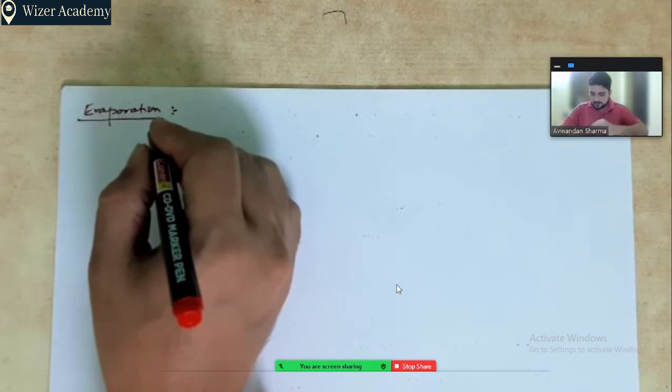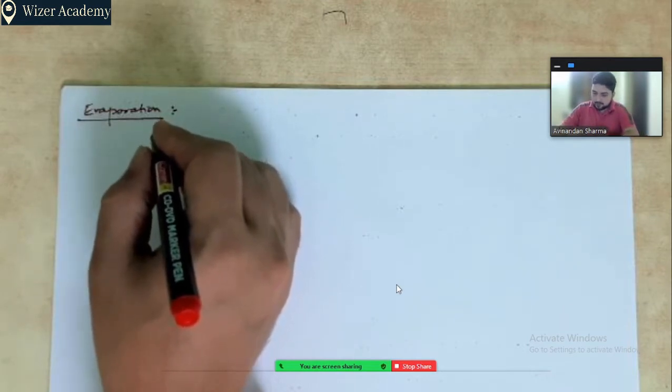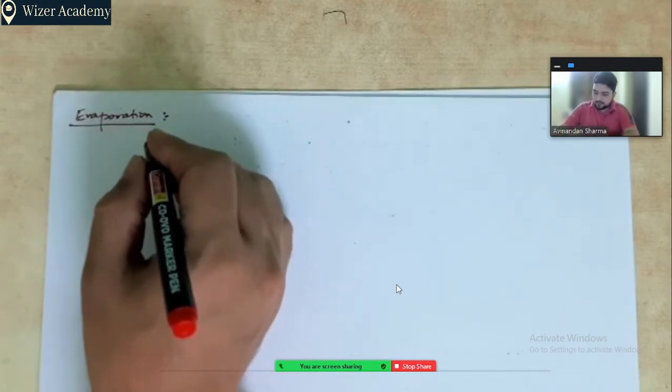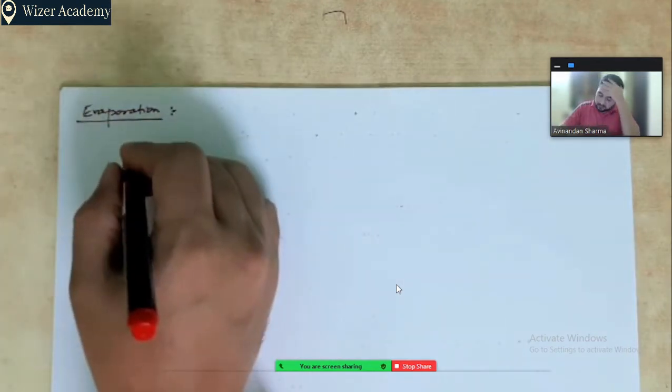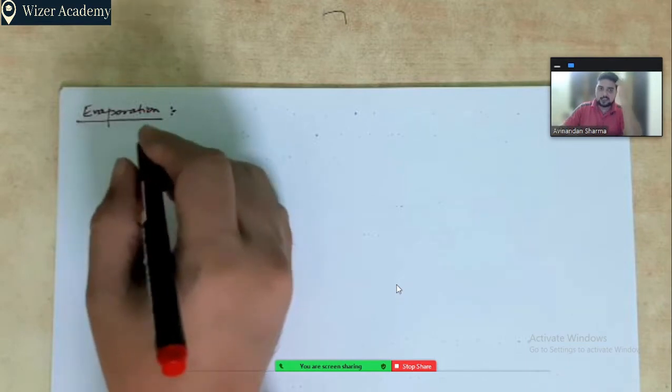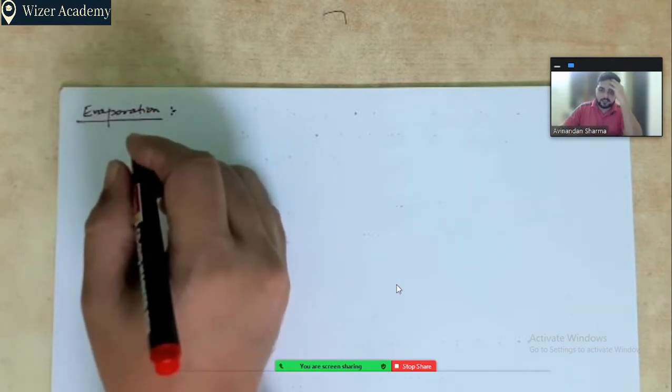How can we separate the different methods? By the method of evaporation. The particles which are volatile in nature can be separated by the use of evaporation.